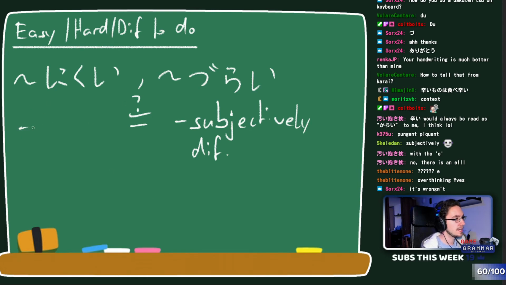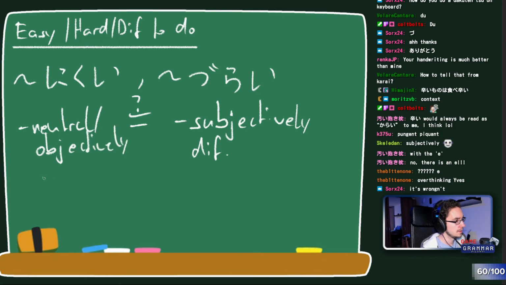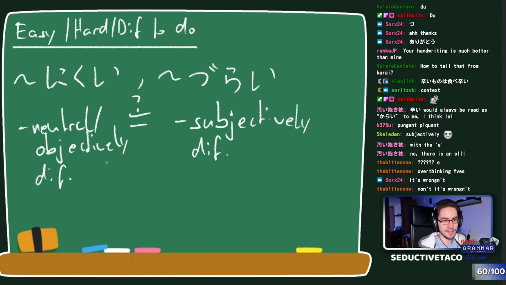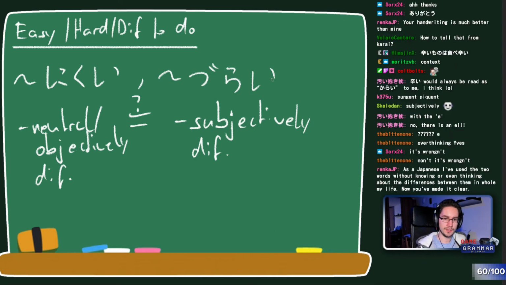Nikoi is just the neutral, objectively difficult, right? It's just difficult, but there is less of an emotional connection. Zurai can only be used when there is a subjective reason for the speaker for why it is difficult, some sort of subjective circumstance that makes it difficult.